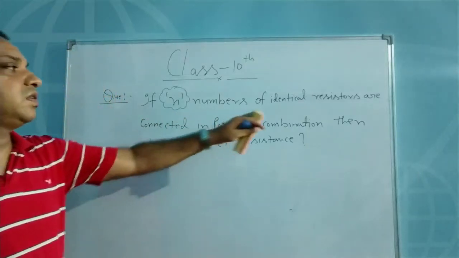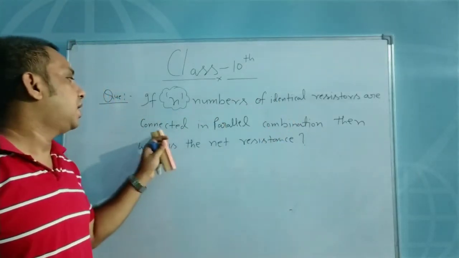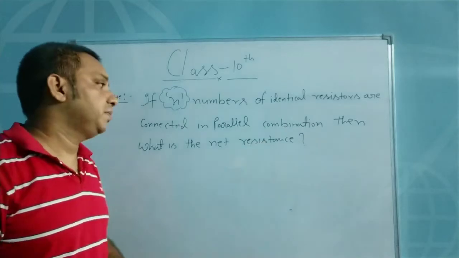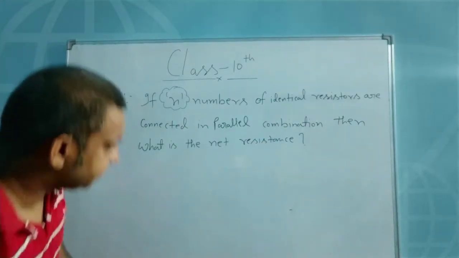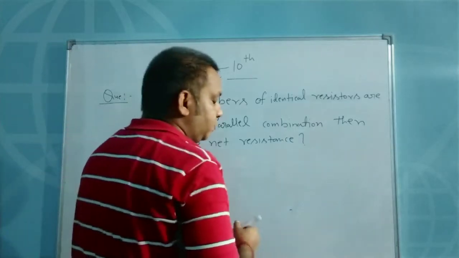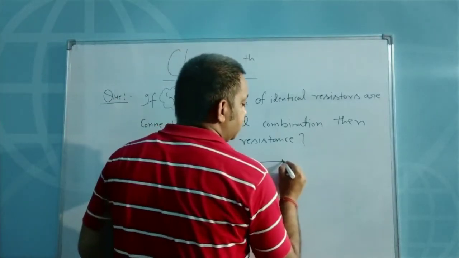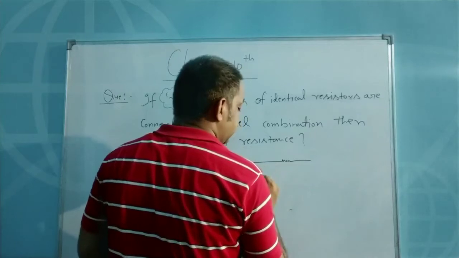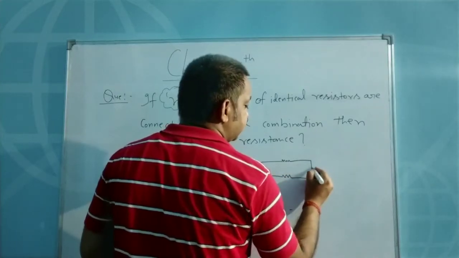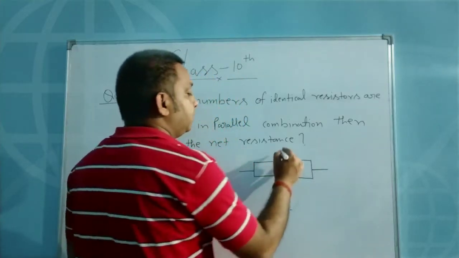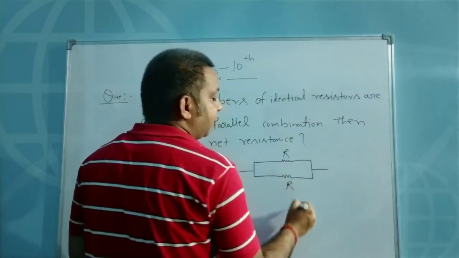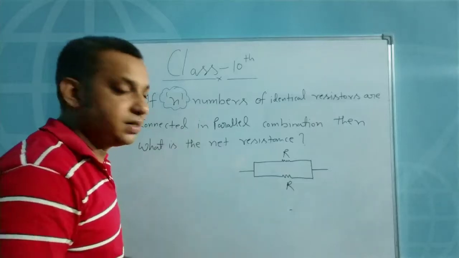If n numbers of identical resistors are connected in parallel combination, then what is the net resistance? Right? So in that case, let us assume two identical resistors are connected in the parallel combination. Both have the value of R. So what is the R net here?